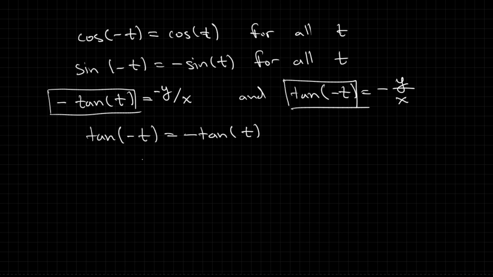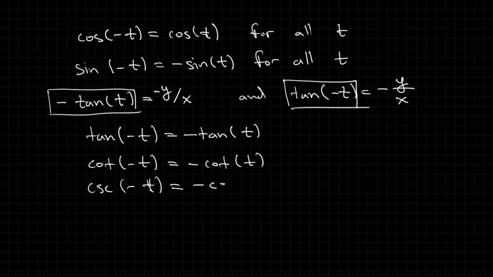Finally, I'll finish up this conversation by noting that cotan of minus t is in fact negative cotan of t, not cosine, but cotan of t. And cosecant of minus t is equal to negative cosecant of t.